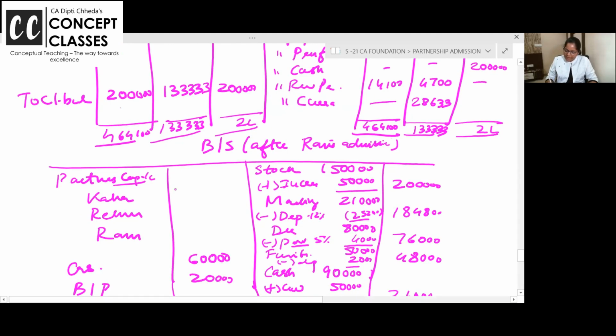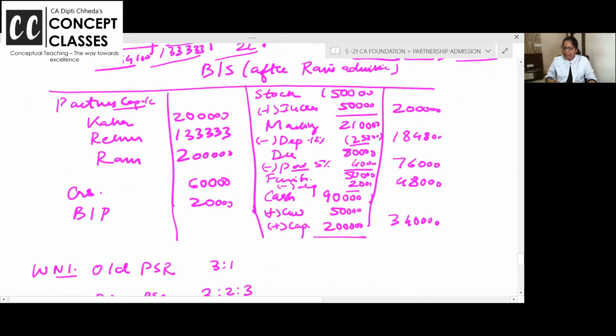Write it in the balance sheet. 2 lakhs, 133,333 and again 2 lakhs, and balance sheet total. 2 lakhs plus 184,800 plus 76,000 plus 48,000 plus 340.